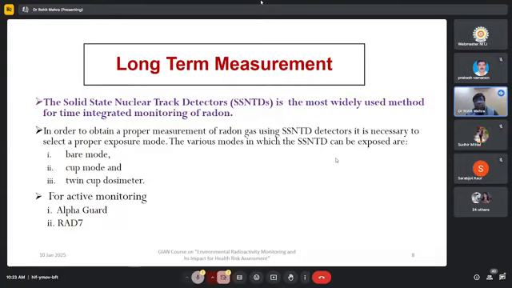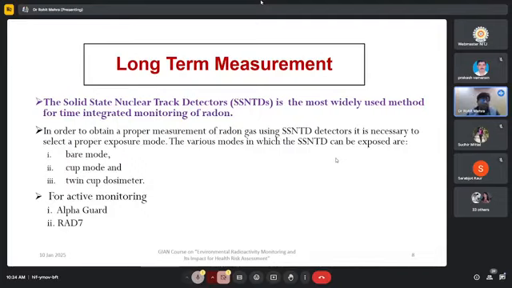Then we developed the cup mode, then twin cup dosimeters were developed. Of course, these are in the literature which is available, so I need not go into detail of those modes. Previously we were using the bare modes, the cup modes, and the twin cup dosimeters.